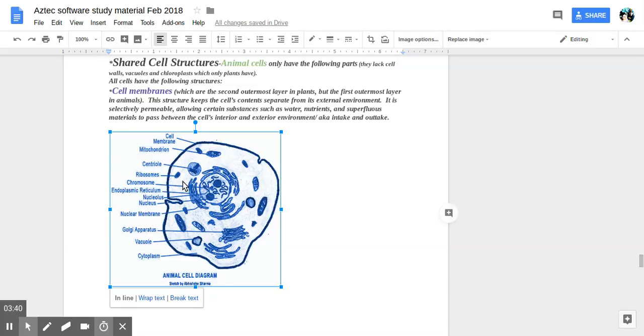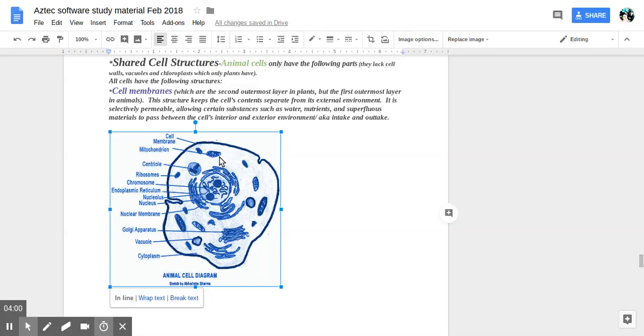Chromosomes, ribosomes, endoplasmic reticulum, and the centriole, which helps build the cytoskeleton, especially when the cell is dividing.